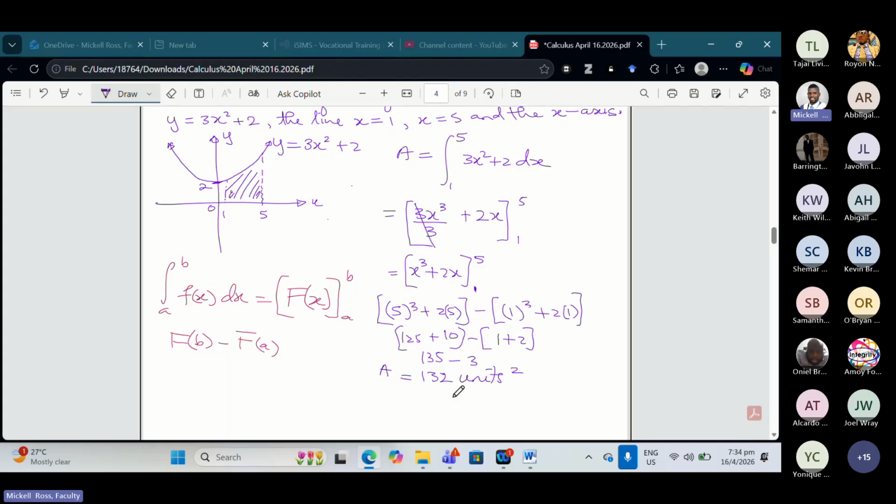Do you understand what I mean by that? It's a yes or no, guys, because I need to know that what I'm explaining, you are getting. So why am I saying even though the answer is incorrect? Because the correct answer is 132. But it is correct that 150 minus 3 gives you 147.